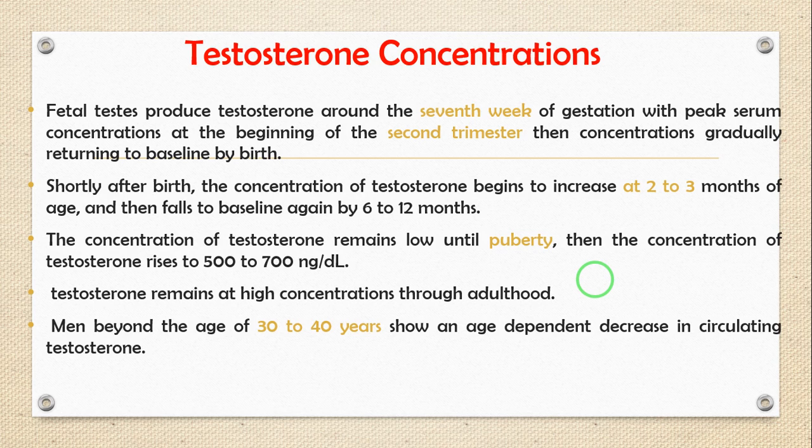After the age of 30 or 40, the level of testosterone in the male starts to decrease again. So all these are the peaks and the low levels of testosterone concentration.